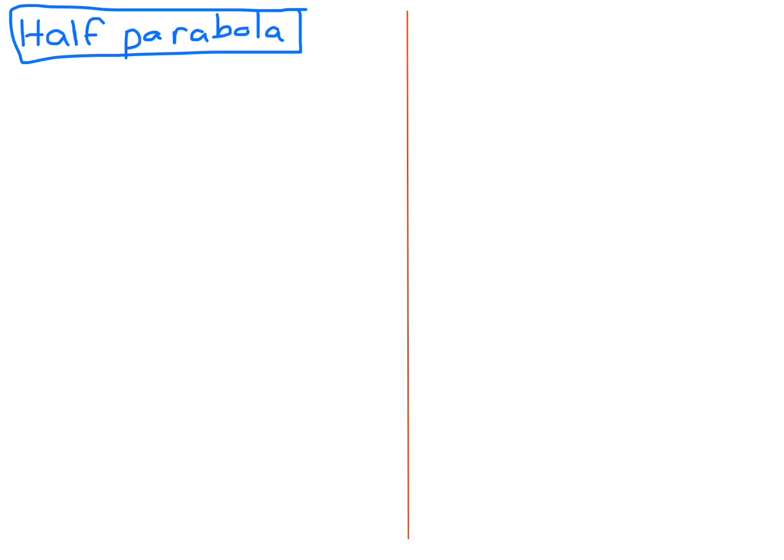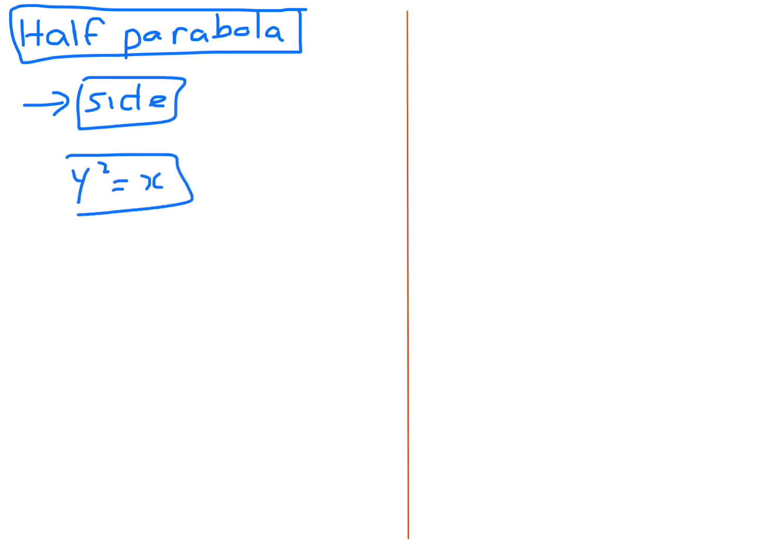Okay, I just want to look at half a parabola that is on its side. So we're going to start just by looking at the y squared parabola, so x equals y squared.